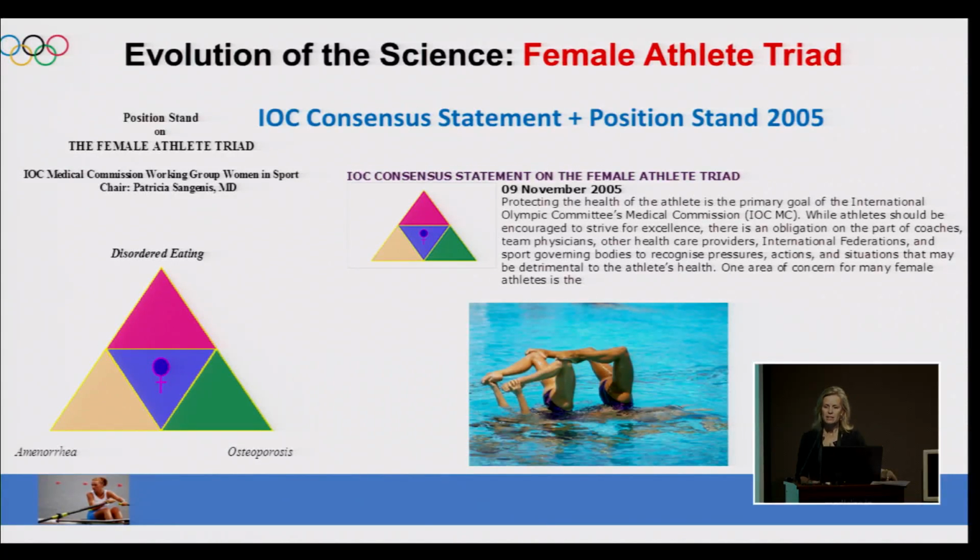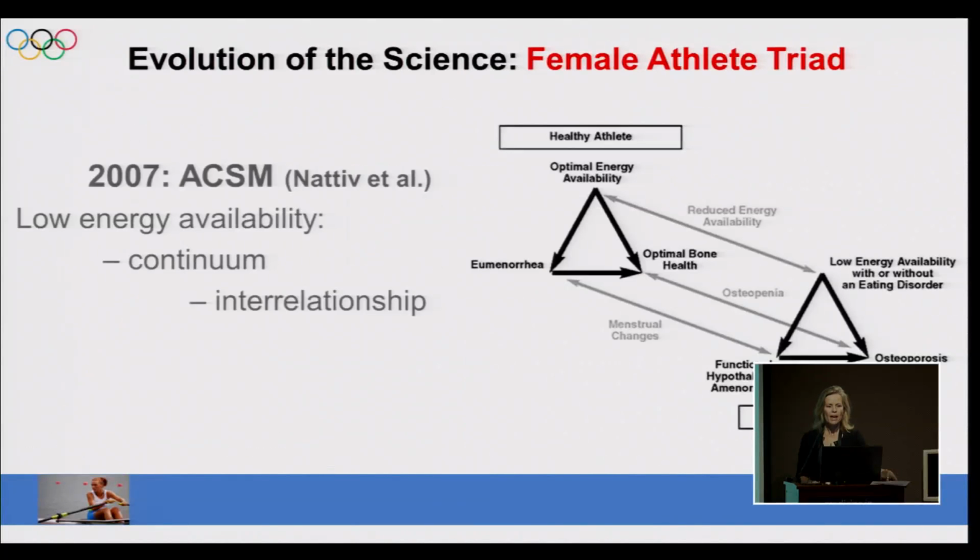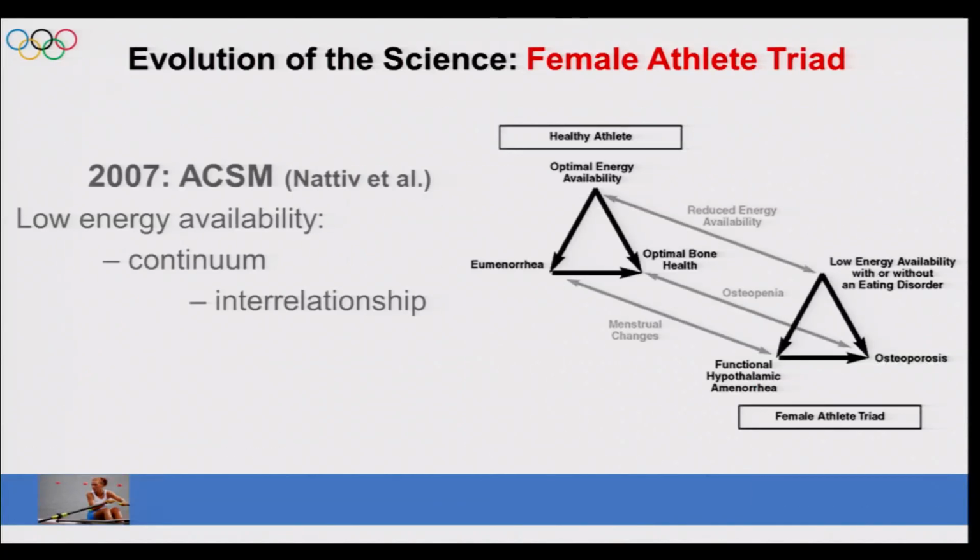The IOC itself had a position stand in 2005. And the main change to the concept came about in 2007 with the ACSM document on the female athlete triad. The concept changed, as you know, to have, rather than eating disorders, optimal energy availability on the one pillar, the menstrual changes on the second pillar, and then on the third corner, bone health.